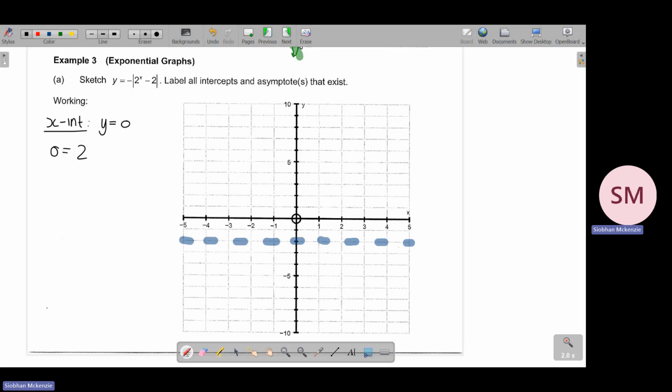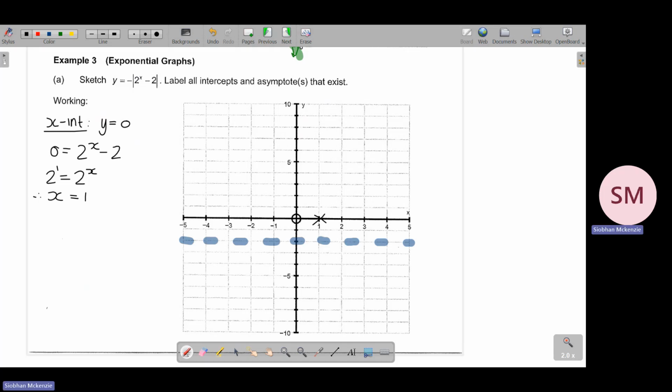So 0 is equal to 2 to the power of x minus 2. I take this 2 over, it becomes positive 2 is equal to 2 to the power of x. Exponential equations: we've got the same base, so we can drop the base and make our exponents equal. So our intercept is at x equals 1, which is there.